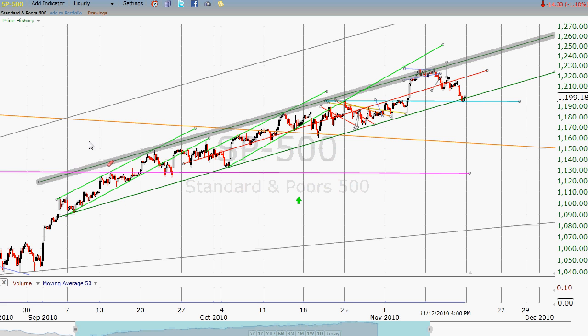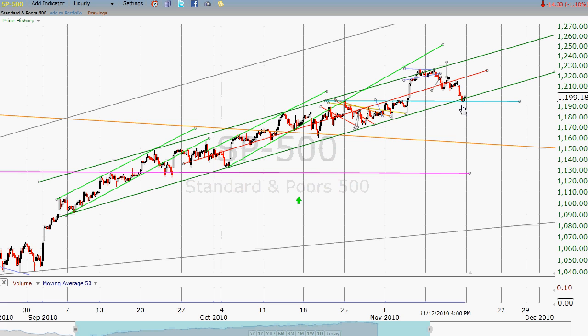You can see the channel that we had established that has been working for more than 9 weeks. You can see that we got above that channel momentarily week before last. Then things broke down, and on Friday we were below the channel, at least for now, momentarily.